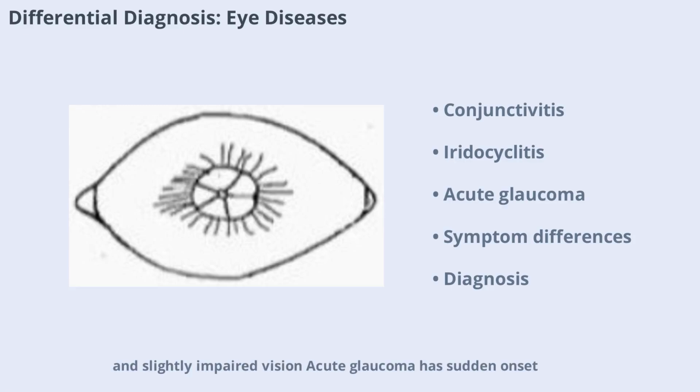Acute glaucoma has sudden onset, severe pain, deep congestion, steamy insensitive cornea, shallow anterior chamber, dilated oval pupil, markedly raised intraocular pressure, and severe vision loss.